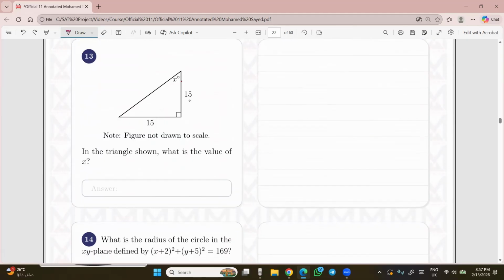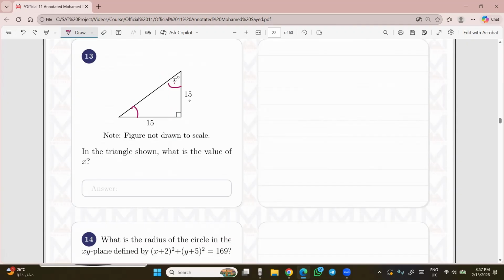Don't say this is not the same as this because it does not appear so. Don't trust your eyes in geometry because figures are not drawn to scale. For example, don't use the measuring tool to find the value of x. So x here is the same as this one, and each of them is 45 because this is 90 already. If this is 90 degrees, those together will be 90, because we have a total of 180.